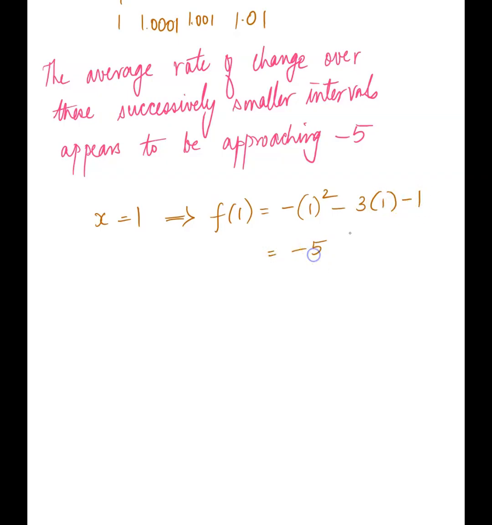We got that to be -5. Okay. And then we can use that as our point P, which is 1, -5. And Q will be 1 plus h, f of 1 plus h.